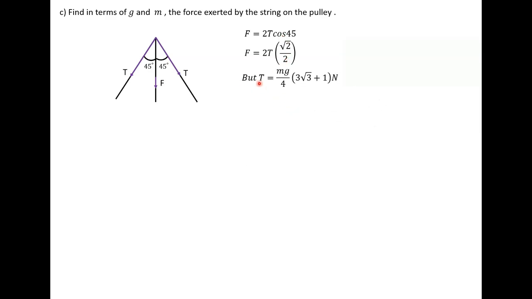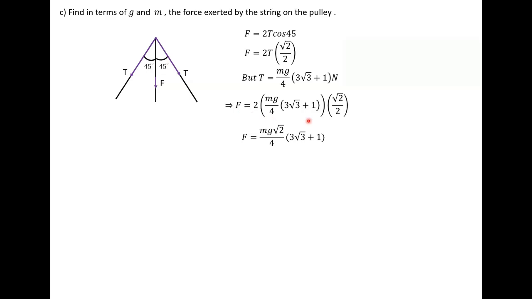As well, we know that the tension T which we have obtained is equal to mg divided by 4 then times 3 square root of 3 plus 1 Newton, which we have obtained in the B part. So substituting it into this expression of the force, we get F to be equal to 2 then times the tension then times square root of 2 divided by 2. From which, further simplifying, we get that the required force, that is the force exerted by the string on the pulley, to be equal to mg square root of 2 divided by 4 then times 3 square root of 3 plus 1.